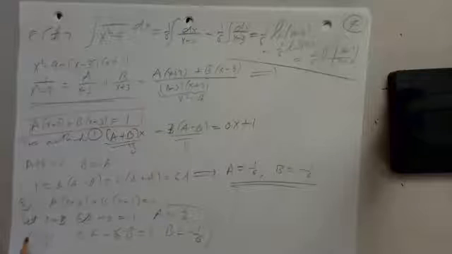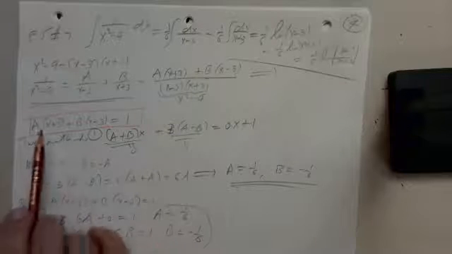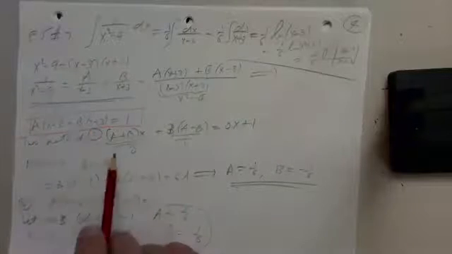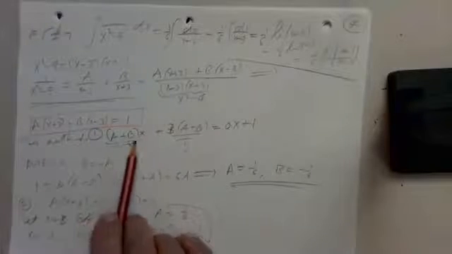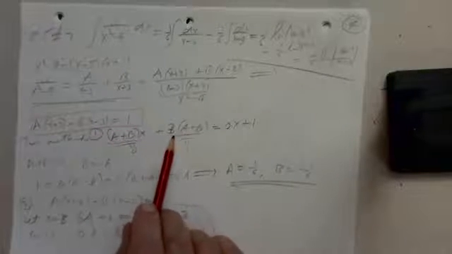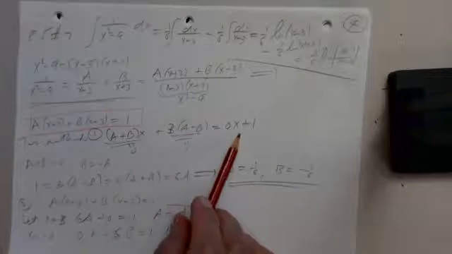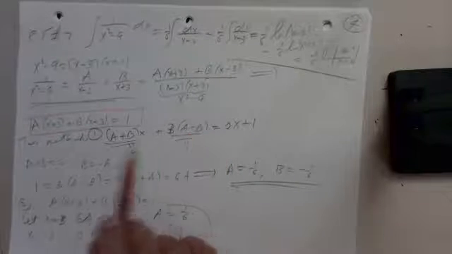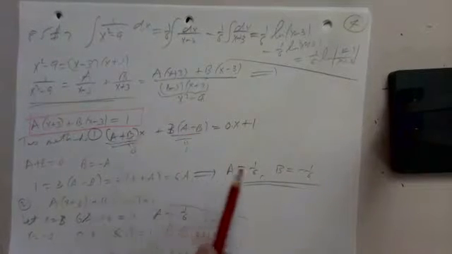The other is usually the easier of the two ways. Here, I just took this expression and collected the terms. It's a linear function where the coefficient of x is a plus b. The constant term is 3 times a minus b. That's equal to 1. So the constant term is 1, and this coefficient has to be 0. And I solved the equations.